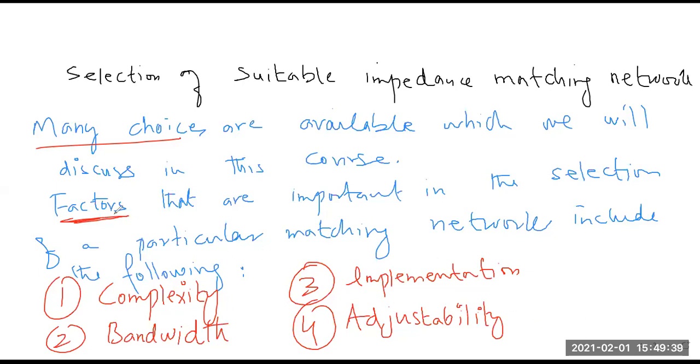So now let's talk about this. I mentioned there are many choices. So which particular choices are we looking at? Types of matching network.